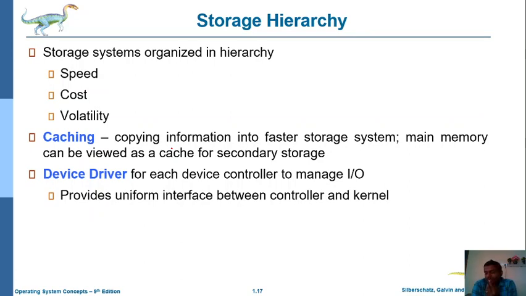So if we are moving the data from secondary memory to main memory, here main memory is the cache memory for secondary memory. In case we are moving the data from main memory to cache memory, here cache memory is the backup or caching for the main memory. If we are transferring the data from cache memory to register memory, here register memory is the caching from cache memory. In this manner.